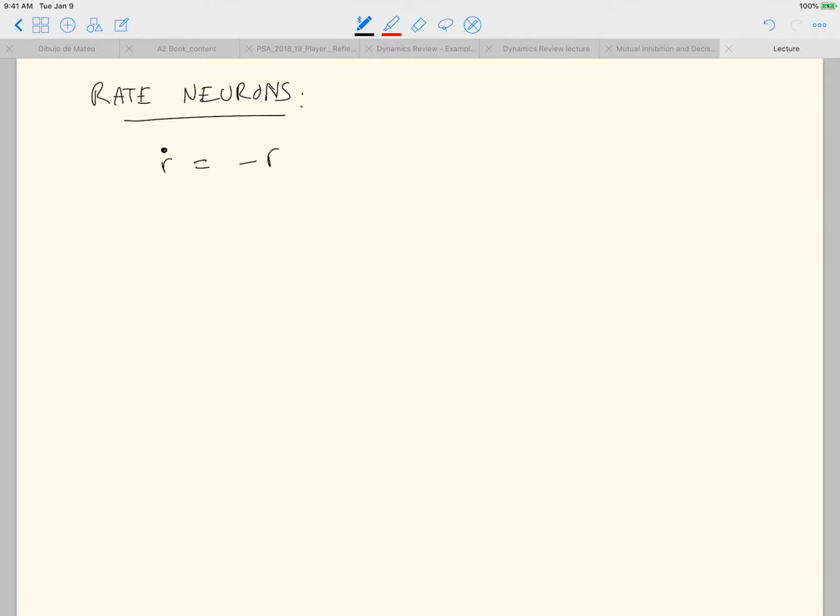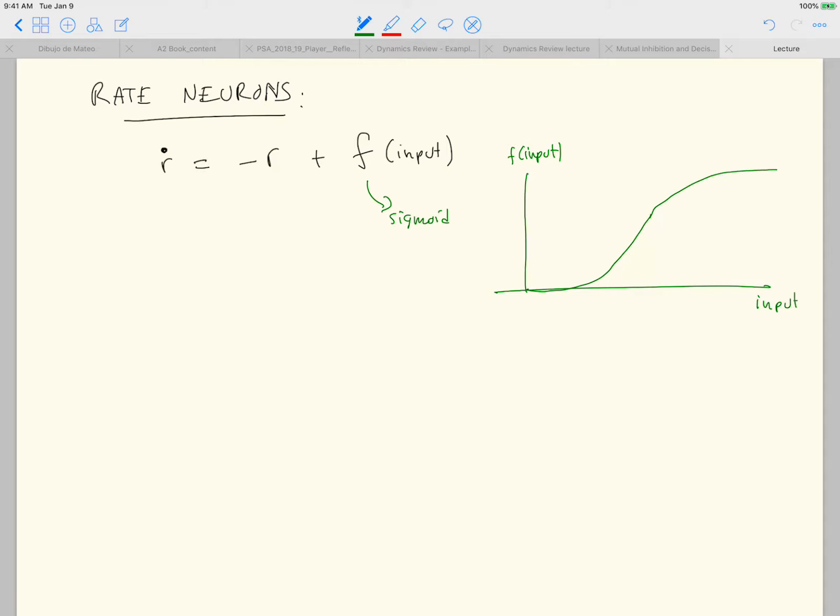So let's add something that corresponds to the input, and we'll add a function of the input. Okay? And it's going to be a nonlinear function of the input, and we're going to make it a sigmoid function. And by that I mean something that has a shape like this. So the input is going to be some scalar, some total drive to the neuron, and the function of the input is going to be something that looks smooth and kind of S-shaped like this, with a maximum.